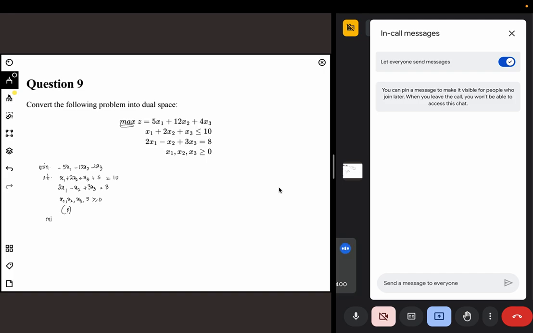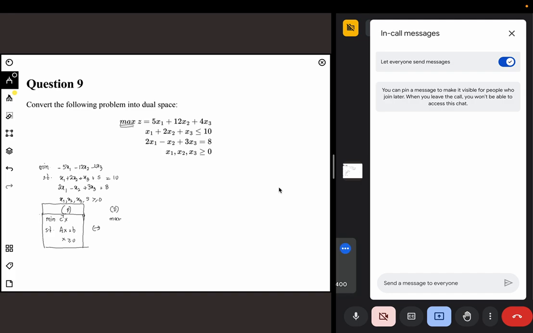So you are trying to minimize c transpose x subject to Ax equal to b and x greater than or equal to 0. Now if you convert into dual, what is the dual form of this? Maximize. What is the dual form? This is my primal. What is my dual? Yeah, maximize.